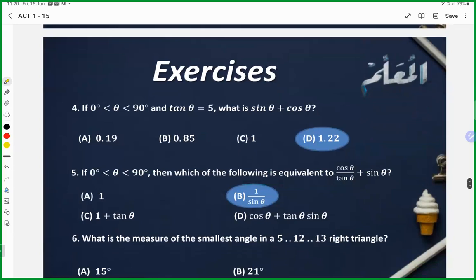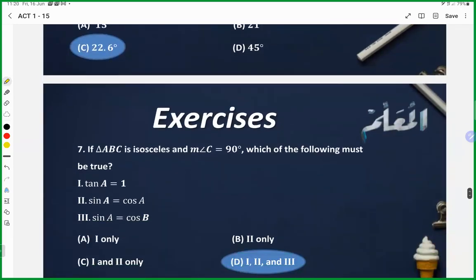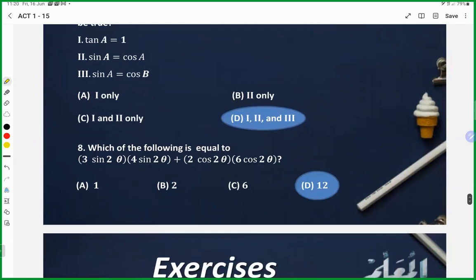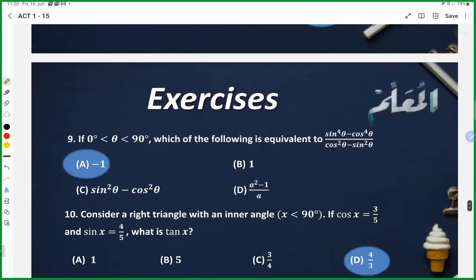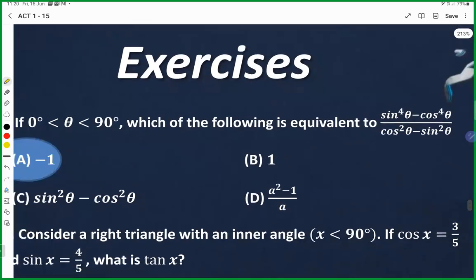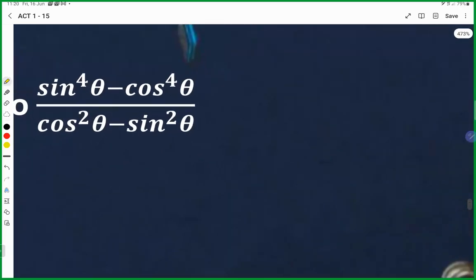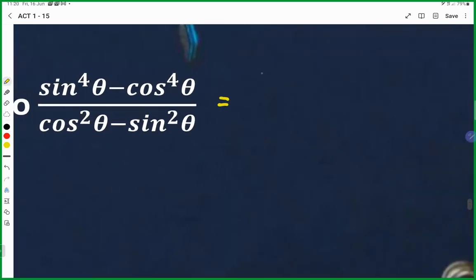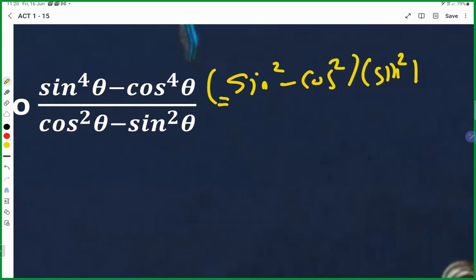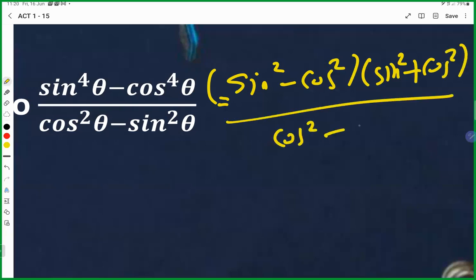Let's choose one question and work through it to finish the topic. Maybe this question: simplify. From factorization, I know it's sine square minus cosine square, and here sine square plus cosine square all over cosine square minus sine square.